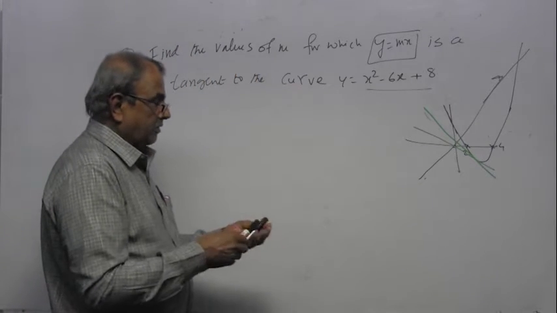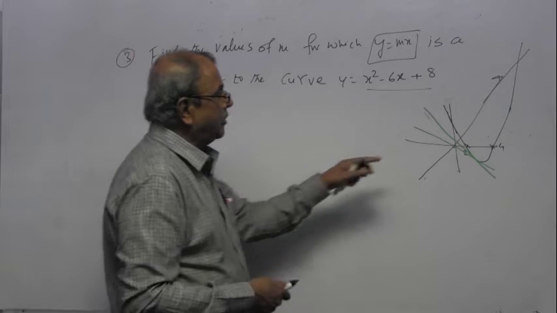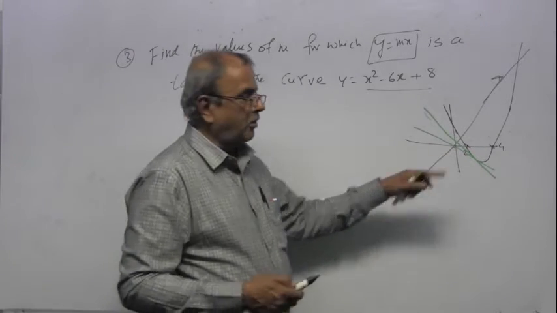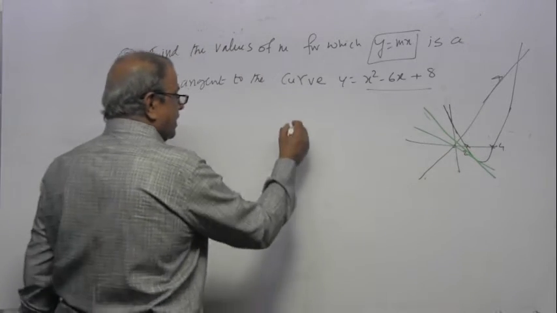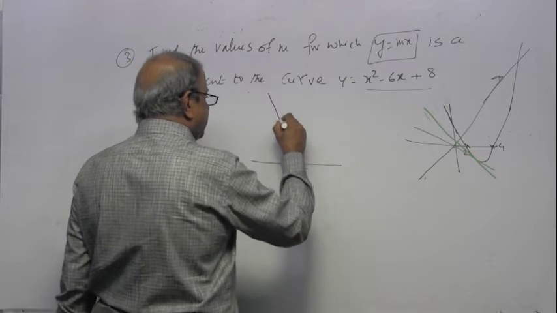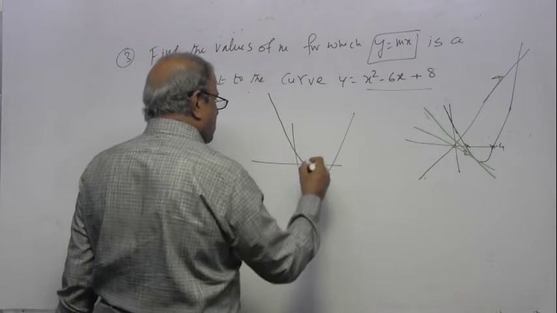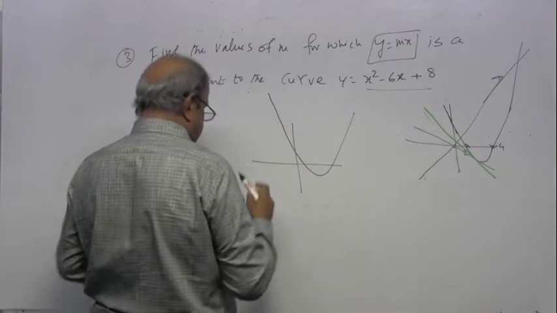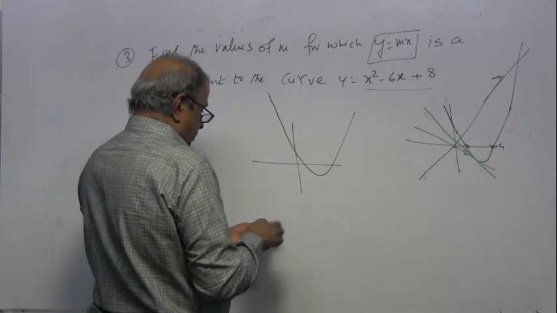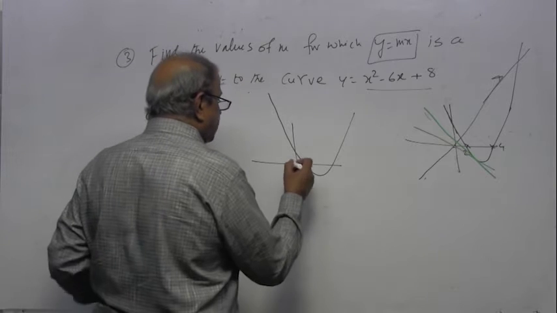So mathematically, the gradient obviously will have to be negative, not positive. Or it could be positive as well. I'll show you how. Maybe if I would draw a nice graph like that, I could have a tangent like this. It can't have a positive gradient obviously from the diagram.